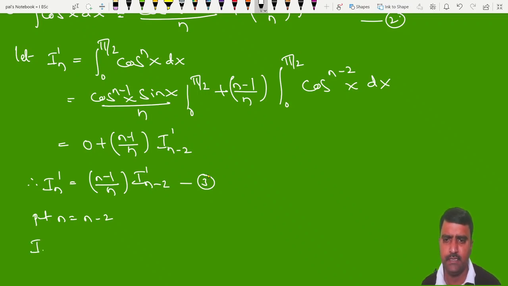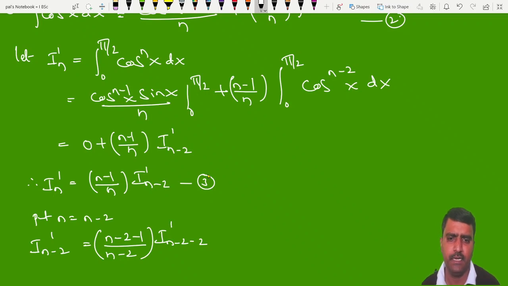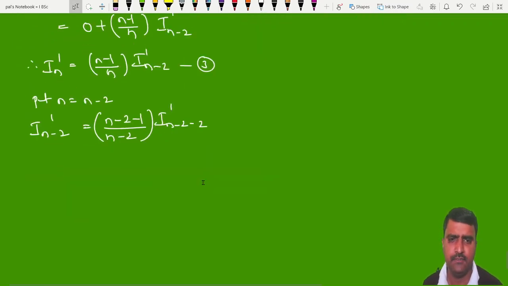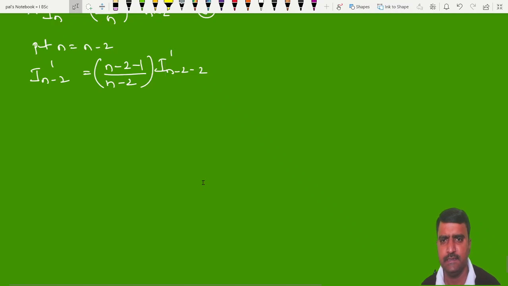I n minus 2 dash is equal to, change all n as n minus 2, so (n minus 2 minus 1) divided by (n minus 2), into I n minus 2 minus 2 dash, which is equal to (n minus 3) by (n minus 2).